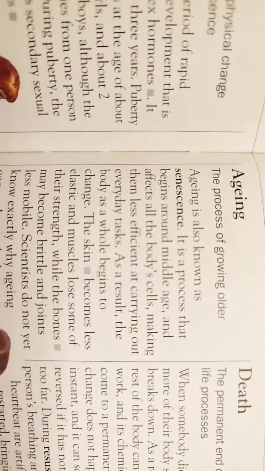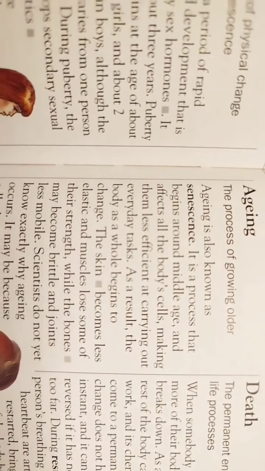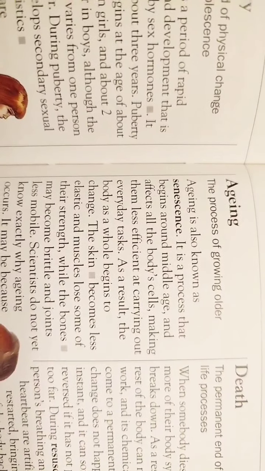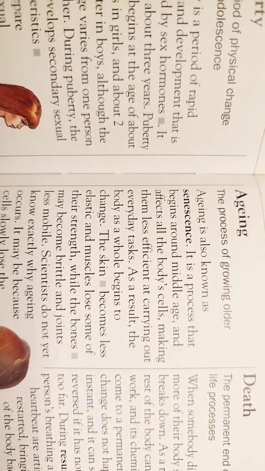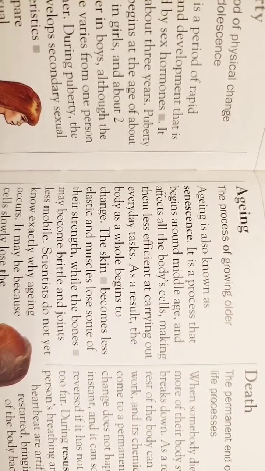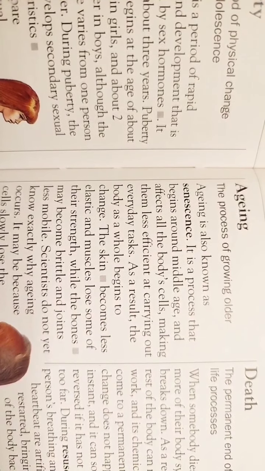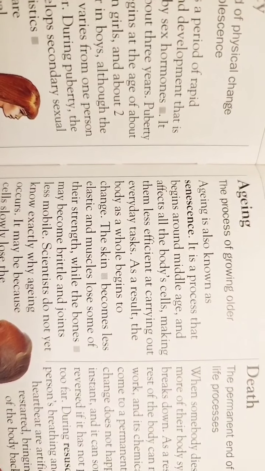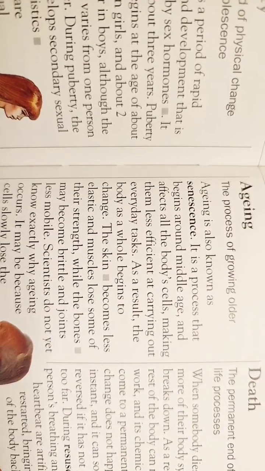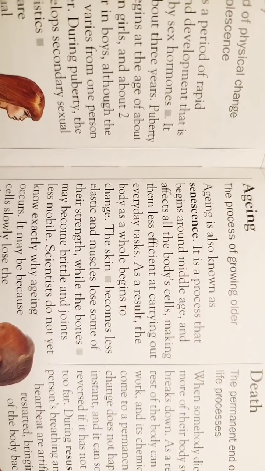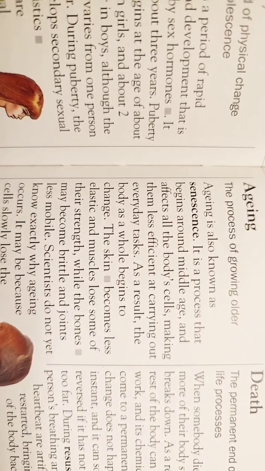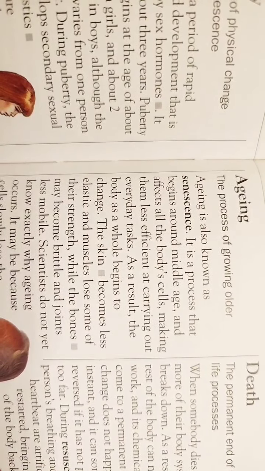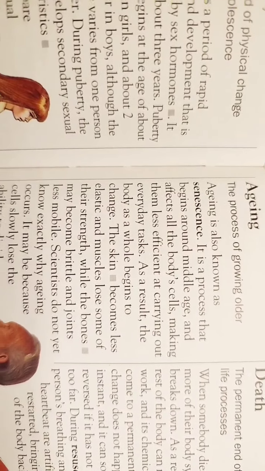Aging is the process of growing old. Aging is also known as senescence and begins around middle age, and it affects all the body cells, making them less efficient at carrying out different tasks.